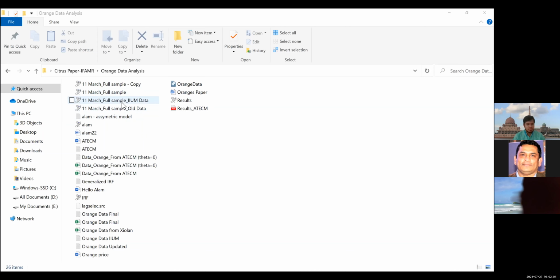So I'm using this one, not this one. That will actually take less time. The full sample. Okay. So it's already written here. It's not possible, in fact, to write all the codes in front of you during this time, so I'm using my original code here, but I'll explain.